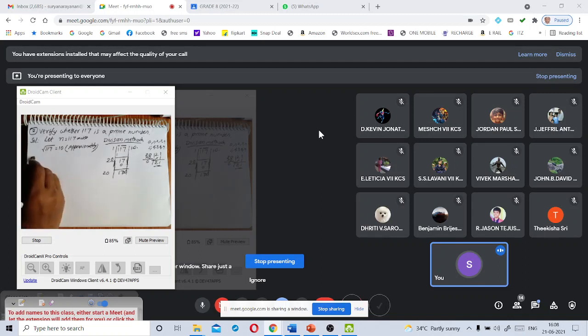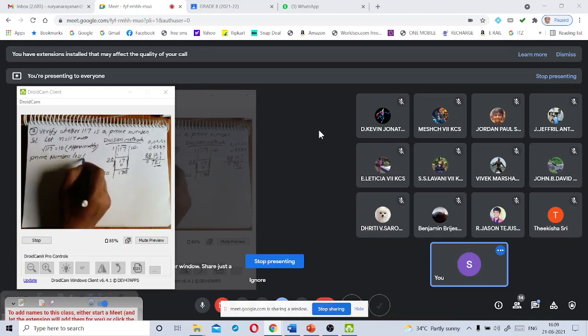Now prime numbers less than 10. What are the prime numbers less than 10?